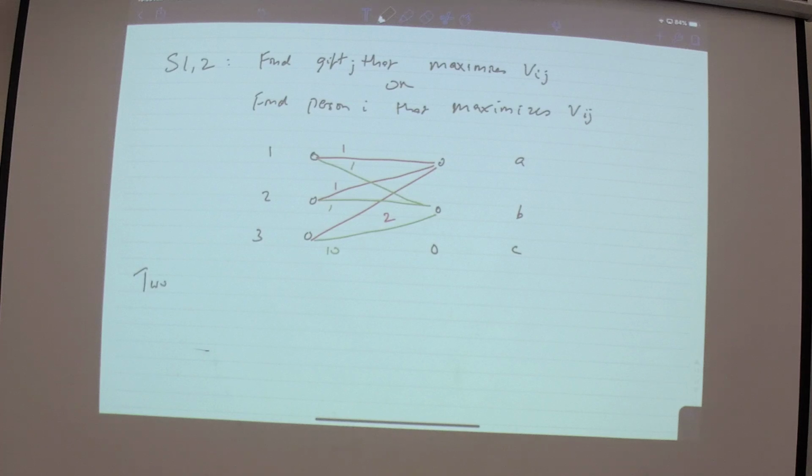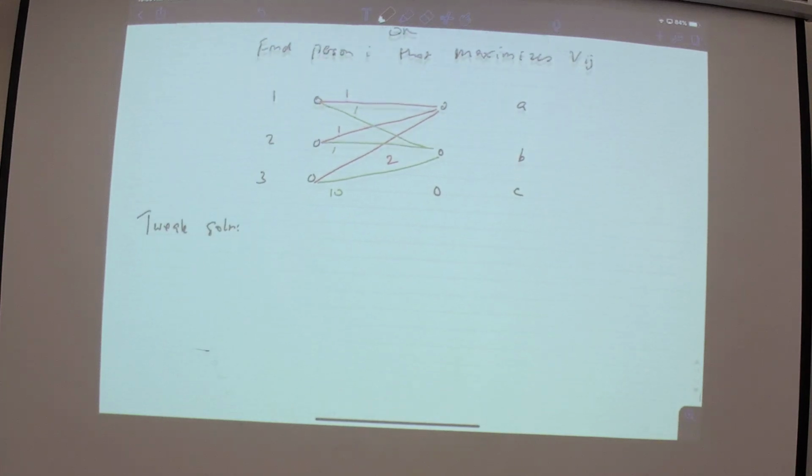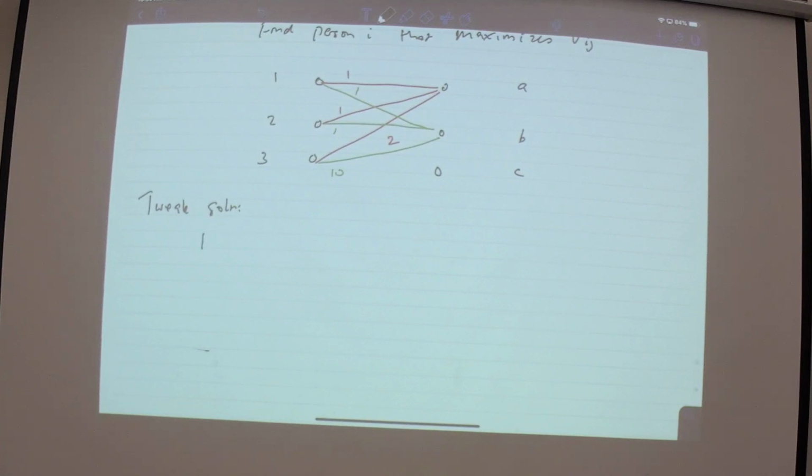tweak the solution: if there exists a pair i, j, such that, and I'm going to write this in sort of notation just because it's more concise, v_i,π(i), which is the current value of what I'm getting from i, plus v_j,π(j), the current value of what the solution is giving these 2 people, is less than, what would it be now?